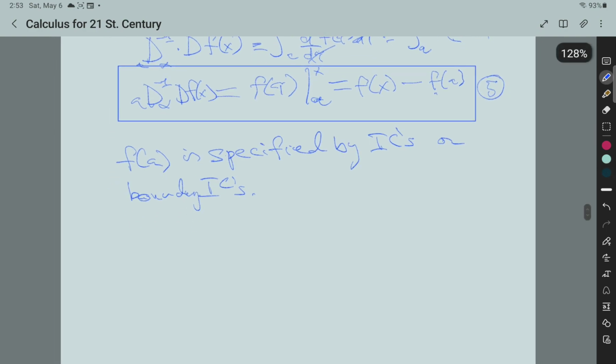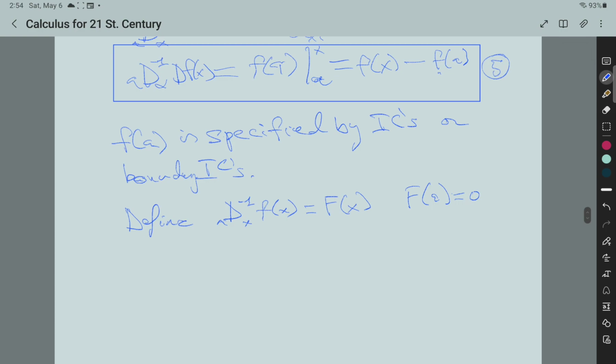For this next example, let's define D to the minus 1, from A to X, of f of X, as equal to f of X, with f of A equals 0 due to some initial condition.